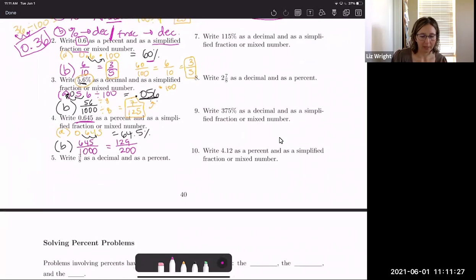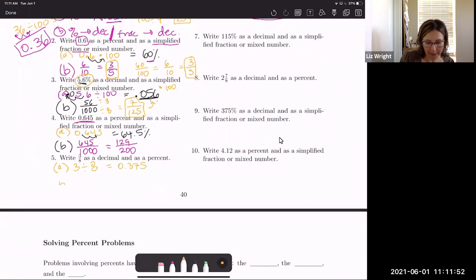So then number 5, it says write 3/8 as a decimal and as a percent. All right, so 3/8 as a decimal, here's part A. So we're taking a fraction, putting it into decimal form, divide it in your calculator. Do 3 divided by 8, and in your calculator, you should get out 0.375.